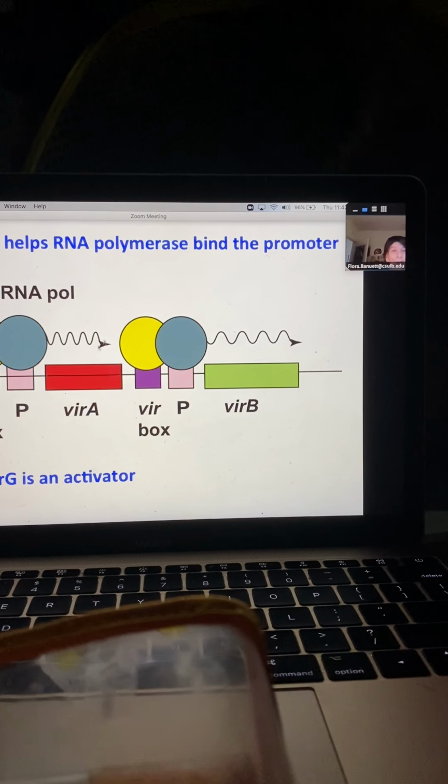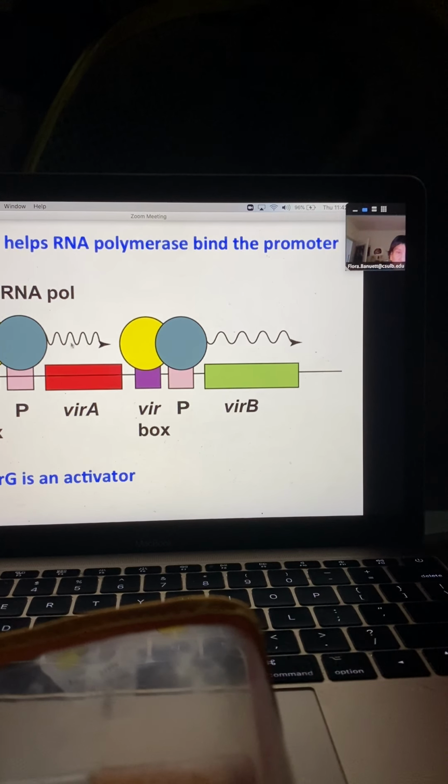Okay? And to expand on that concept, here we have VirA gene, the promoter with RNA polymerase bound here, and then VirG bound to the Vir box and interacting with RNA polymerase to regulate transcription of this gene.